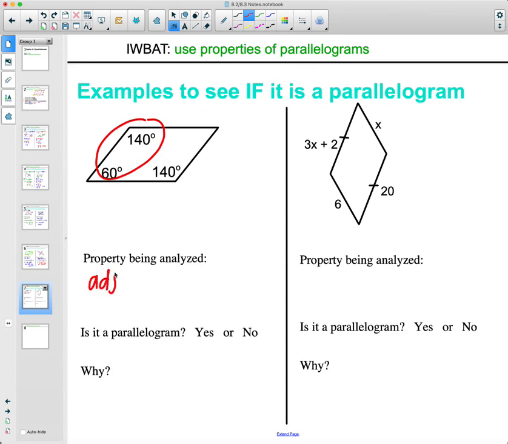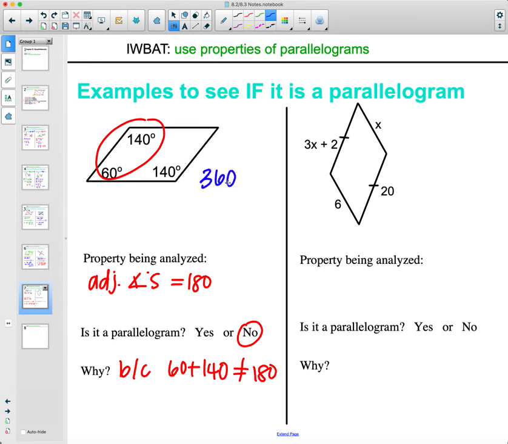Okay, so adjacent angles need to equal 180. Does that equal 180? No. Okay, so then you would say that this cannot be a parallelogram because 60 plus 140 does not equal 180. You have to have consecutive angles being equal to 180 in order to have a parallelogram. Another option would be to take the interior sum of a quadrilateral, which is 360, and subtract all of these off.